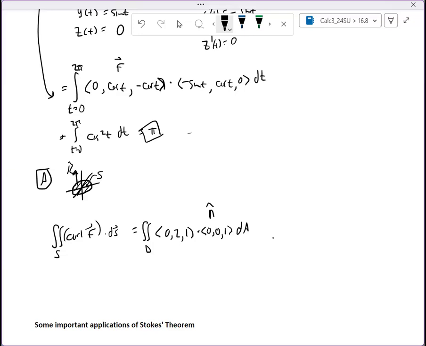But this is just the double integral over this domain of 1 dA. That's just the area of this circle of radius 1. That's just pi.